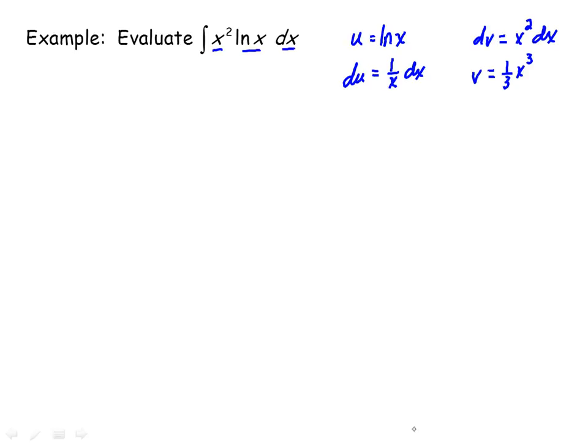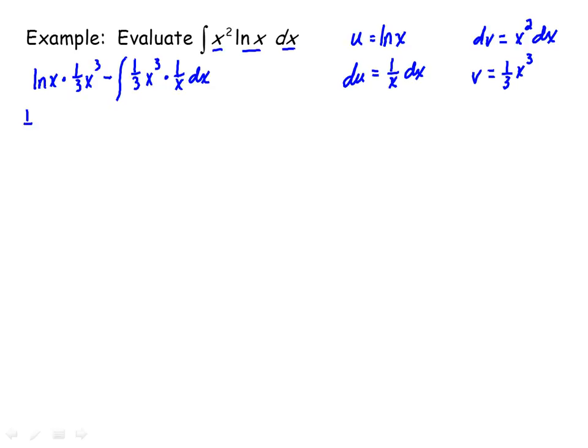Plug into our formula. So we're going to have u times v minus the integral of v du. All right, so let's clean it up just a little bit.